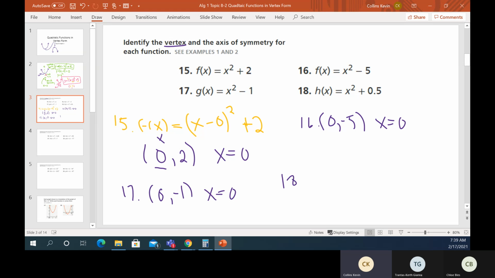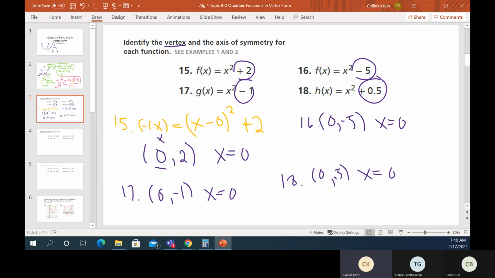And how about the last one? Yep, so 0 and 0.5. And then once again, x equals 0. So what's going on here is notice that the x squareds are all just x squared, so it's all zeros, right? The only difference is the other numbers changed.